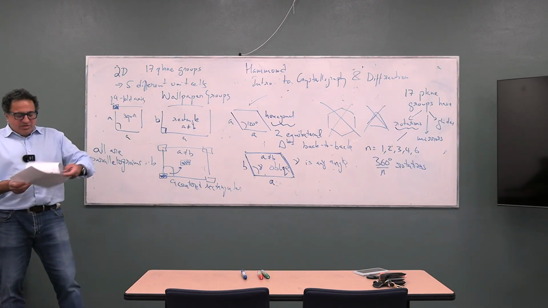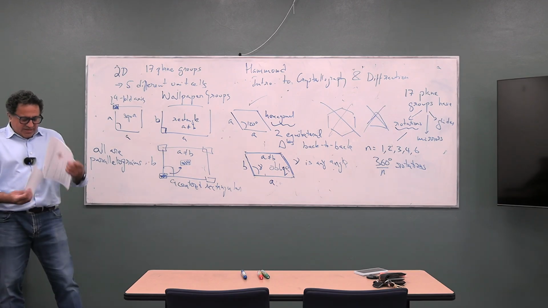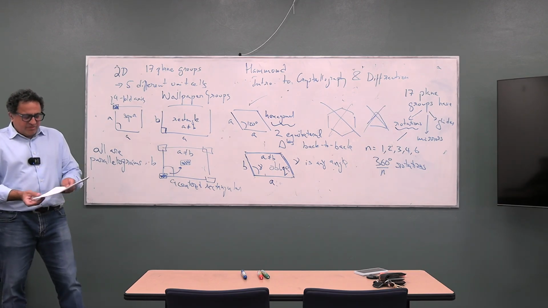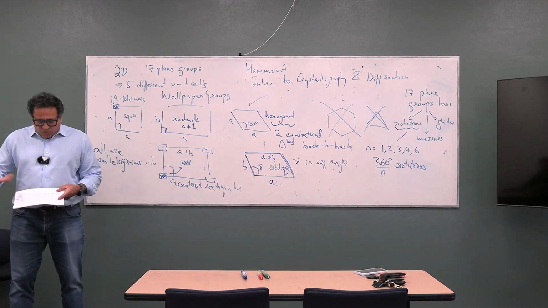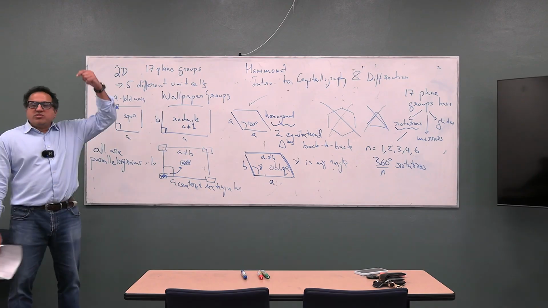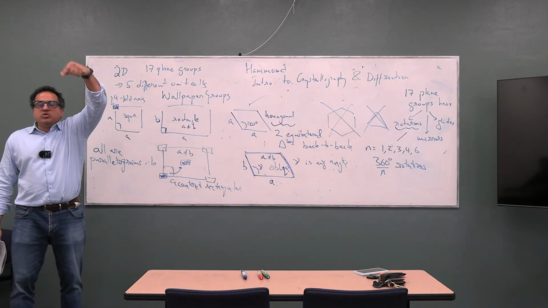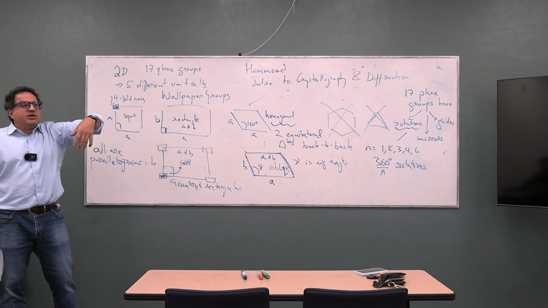And what you have for 2D, and I may give you a homework that depends on this, again from the Wikipedia page on wallpaper groups, is like a flow chart for how to determine the plane group symmetry. You count the number of rotations, you see whether it's 1, 2, 3, 4, or 6, and then you count the number of mirrors, and you go down a flow chart.